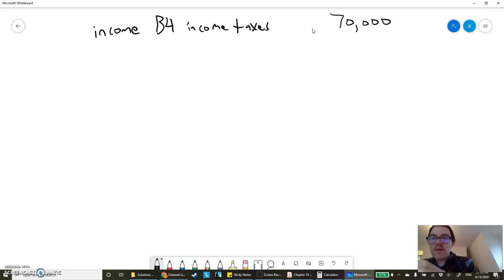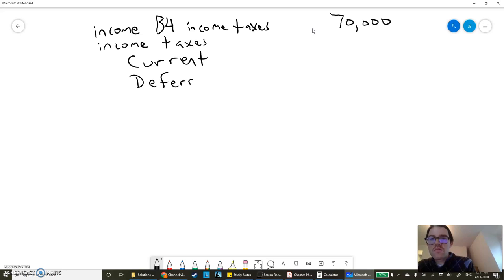And then you'd have income tax section, income taxes. We have current and deferred. You're going to add those up and get a total. And then you're going to have net income after that.